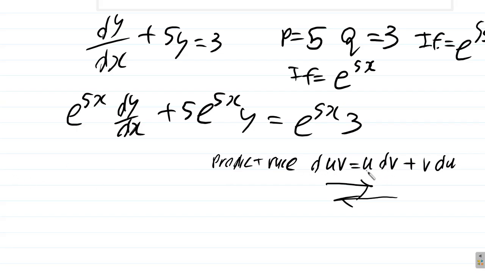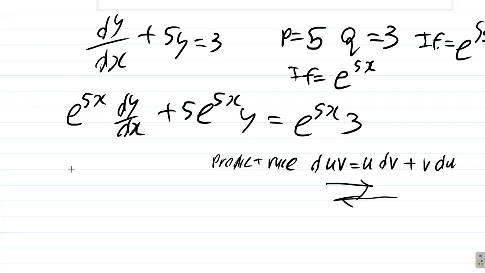Looking at this, you hold u and differentiate v, plus you hold v and differentiate u. So you have differentiated uv. Now here, it seems like you hold e to the 5x and differentiate y. And here you hold y and differentiate e to the 5x. When you differentiate e to the 5x, you get 5e to the 5x, right?